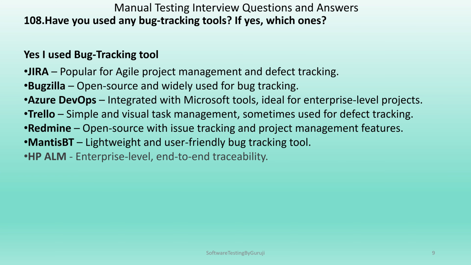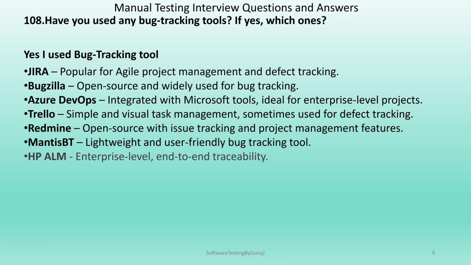Next question is, have you used any bug tracking tool? If yes, which ones? Yes, I use a bug tracking tool. As per your understanding, you can select any tool below and give the answer. Like, I have used the Jira tool, which is popular for agile project frameworks and defect tracking.